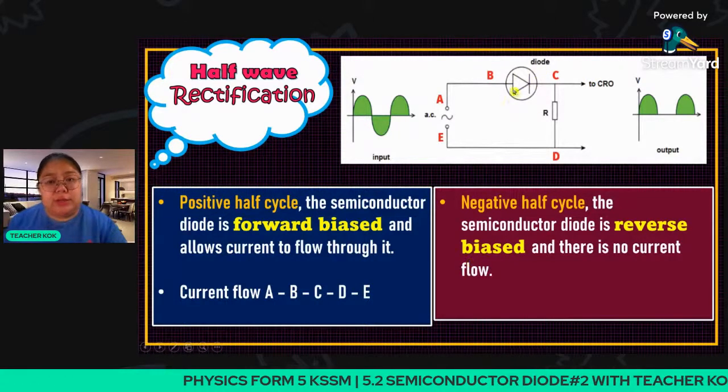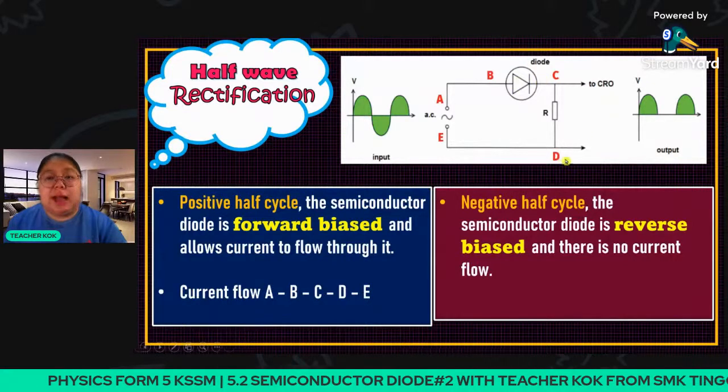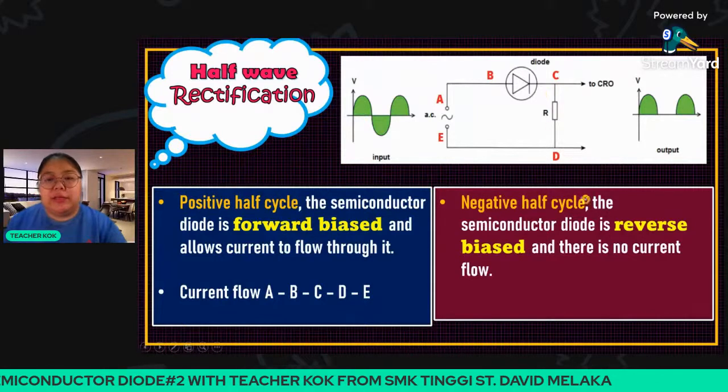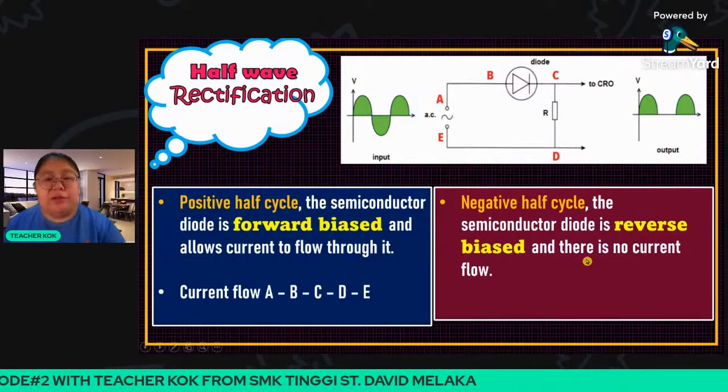You see the diode: this one is the anode and this one is the cathode. Now the current goes toward the cathode and actually cannot enter. So we call this no current flow.